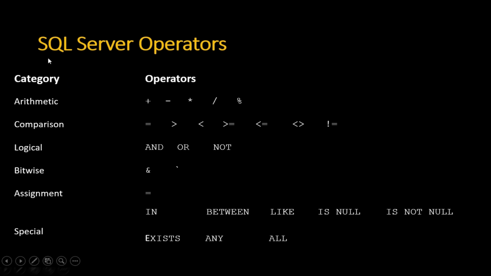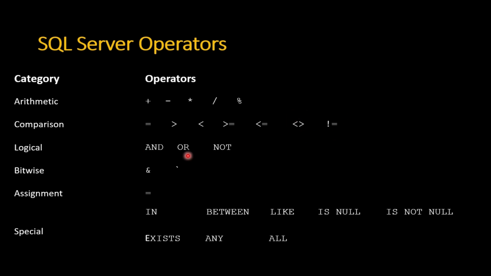Here in this lecture we will discuss SQL Server operators. We all know about arithmetic operators: plus, minus, multiply, divide, and the percentage sign gives the remainder. Comparison operators are equal to, greater than, less than, greater than or equal to, less than or equal to, and the last two operators are used for not equal to operation.